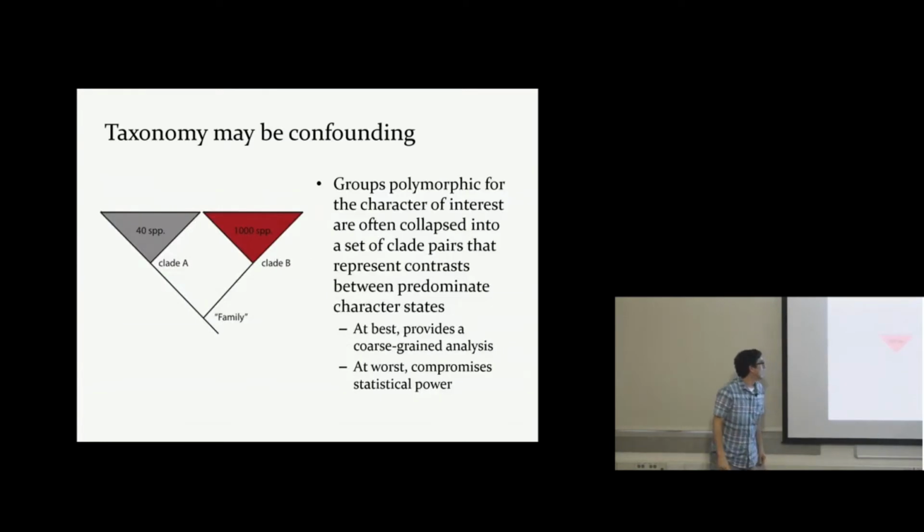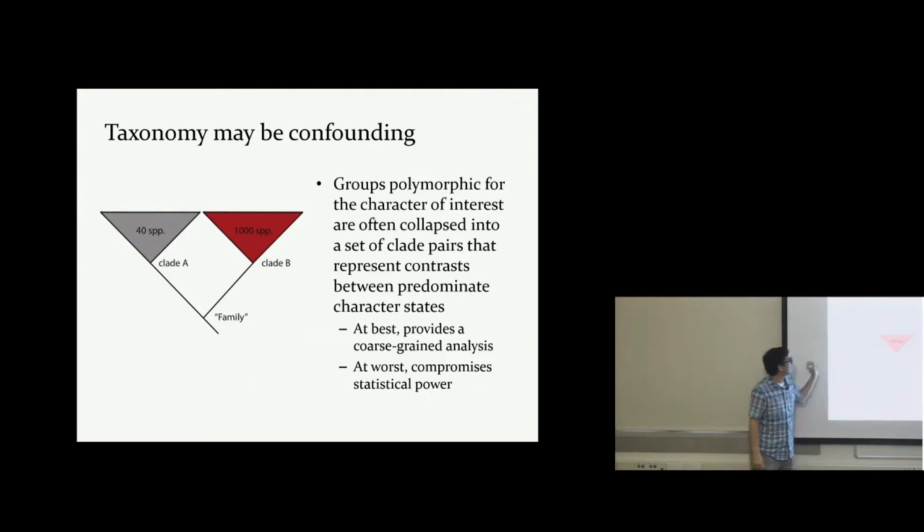Well, a really common way of looking at this correlation is people would take a family where one clade within that family has about 40 species in one character, and then another clade that has 1,000 species in another character. They would collapse this down into pairs and compare the diversity between the two clades. At best, this provides a really coarse-grained analysis, right?